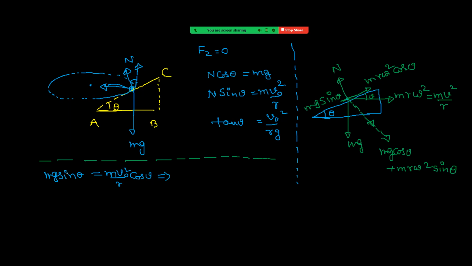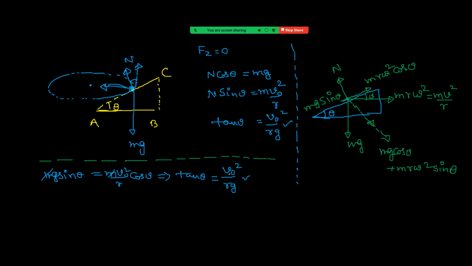From this, the mass gets cancelled, and it is tan theta equal to v naught square by r g. That is what we got by solving from the ground frame, right? So for this speed, there is no friction.